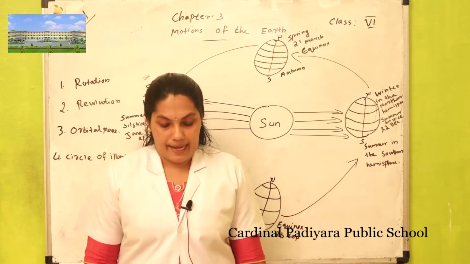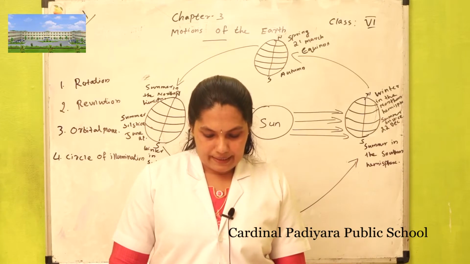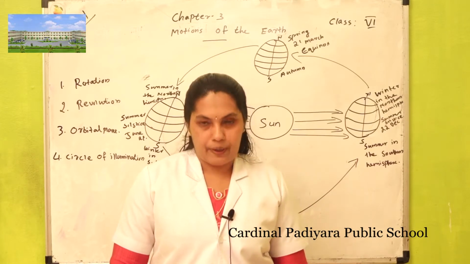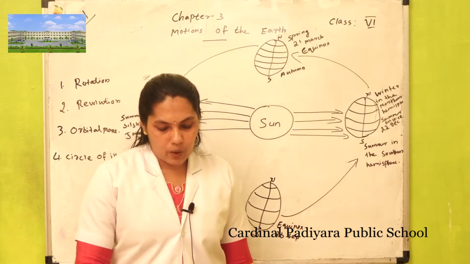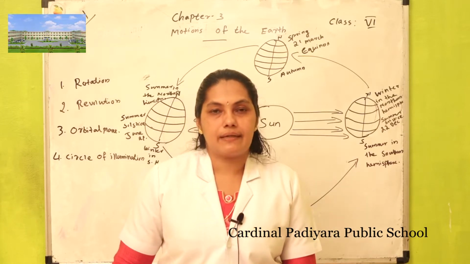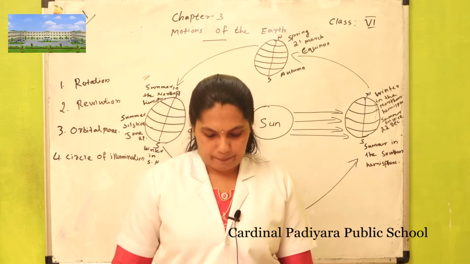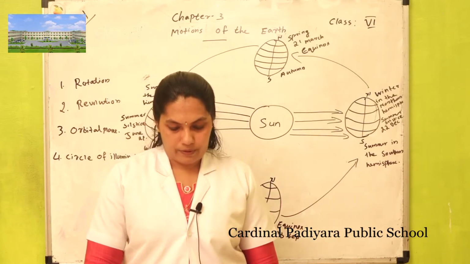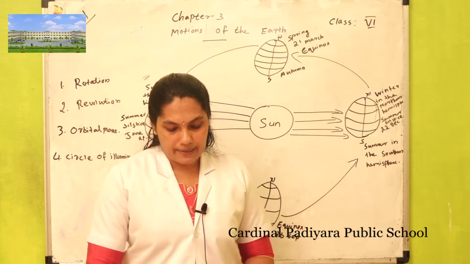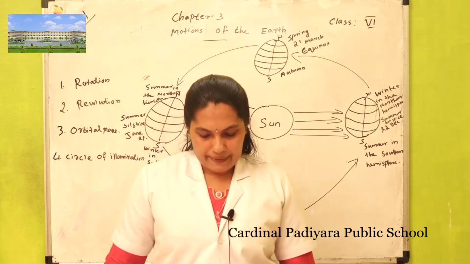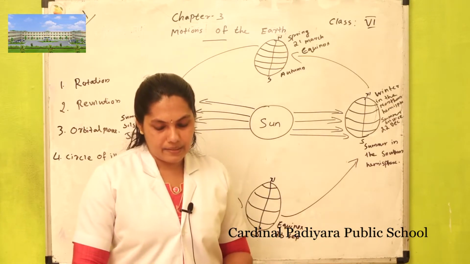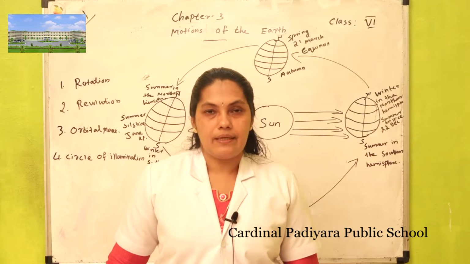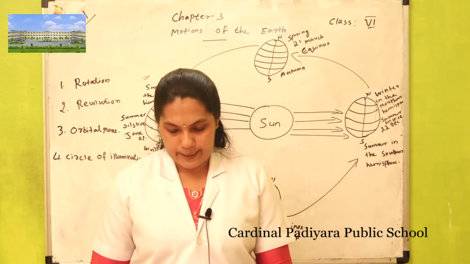The circle that divides the day from night on the globe is called the circle of illumination.